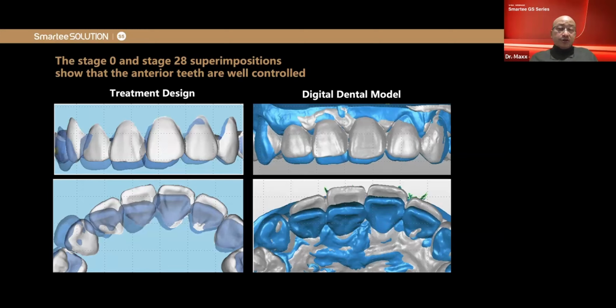For the digital cast dental model, we took a superimposition and compared the design with the actual situation. We found that it's almost the same. So I conclude that the Smartee aligner gives quite good control of the upper front teeth.